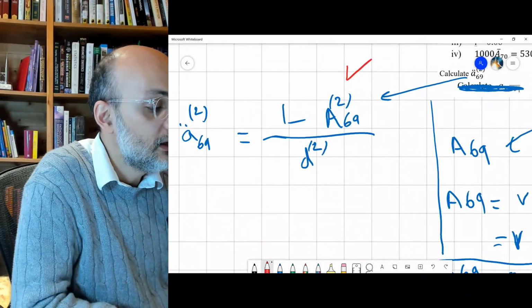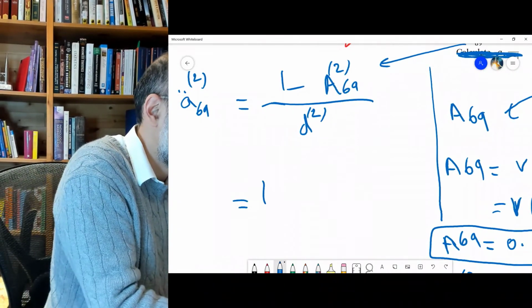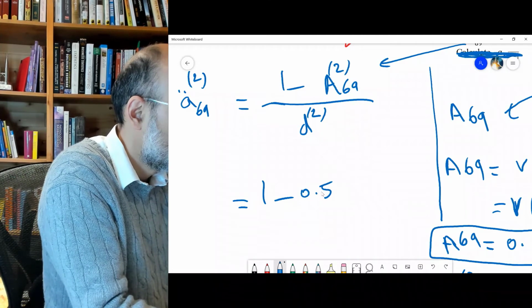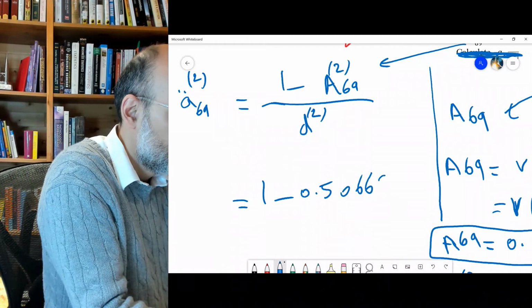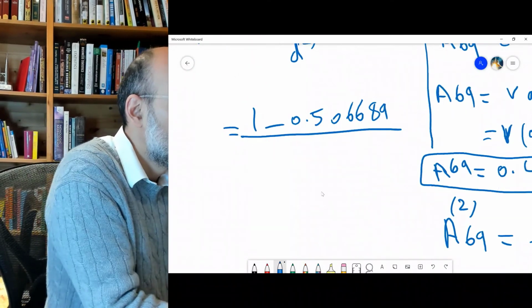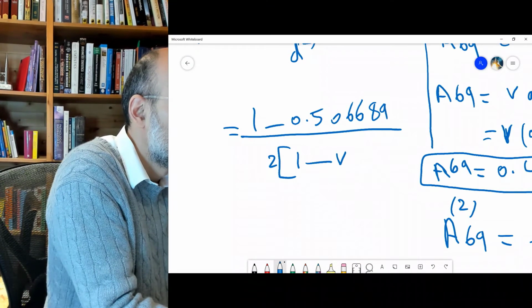Now we need d(2), which is easy. You can calculate it in the same equation. So this one, 1 minus what we found just now, divided by d(2). d(2) is 2 times 1 minus v to 1/2, if you remember.